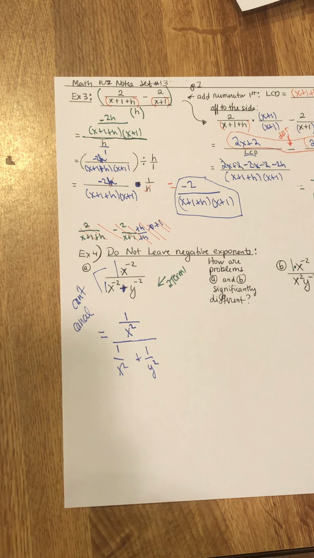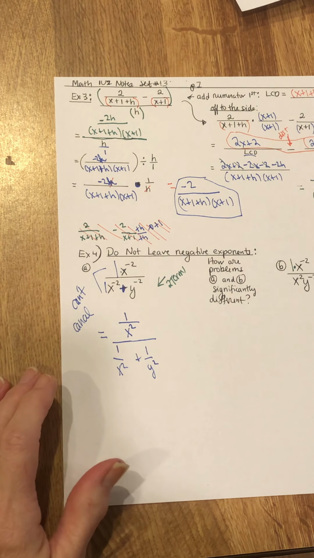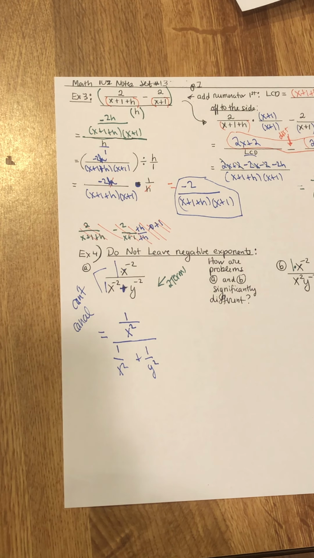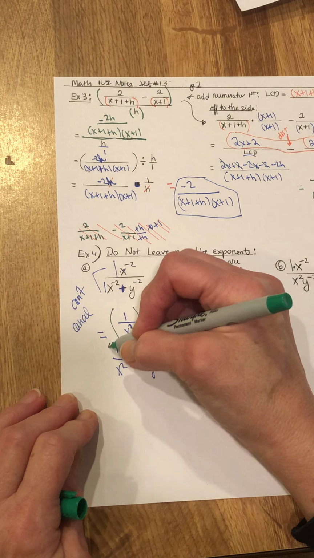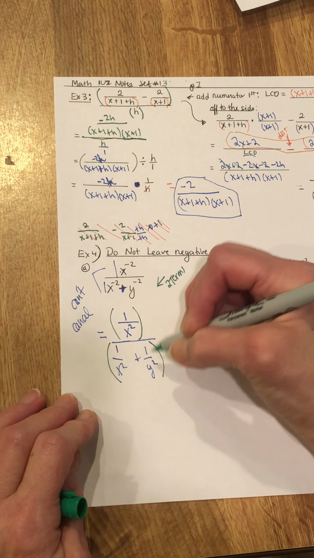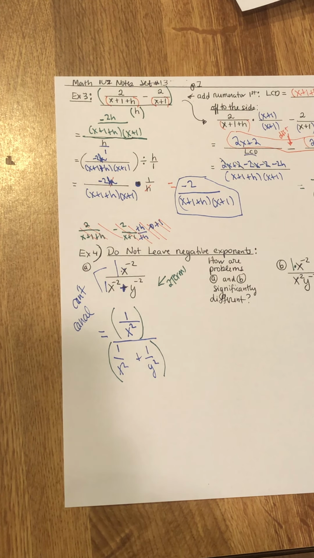All right? Now I have what we've been practicing with, a compound fraction. Although this one's a little bit different. Usually we've had to add the numerator, but I noticed the numerator is already one term. It's the denominator that's not. So I need to add the denominator first before I can flip.